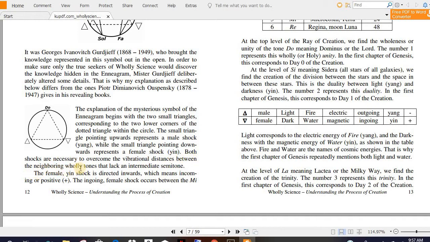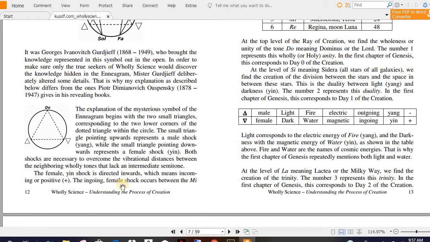Both shocks are necessary to overcome the vibrational distances between the neighboring holy tones that lack an intermediate semitone. The female yin shock is directed inwards, which means incoming or positive. Remember that? The female yin is positive.